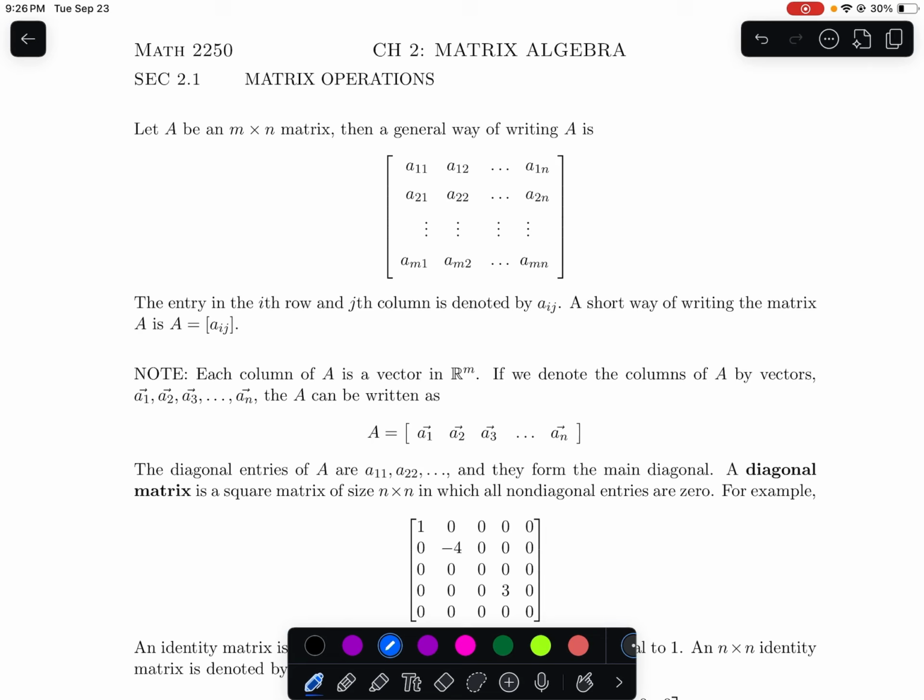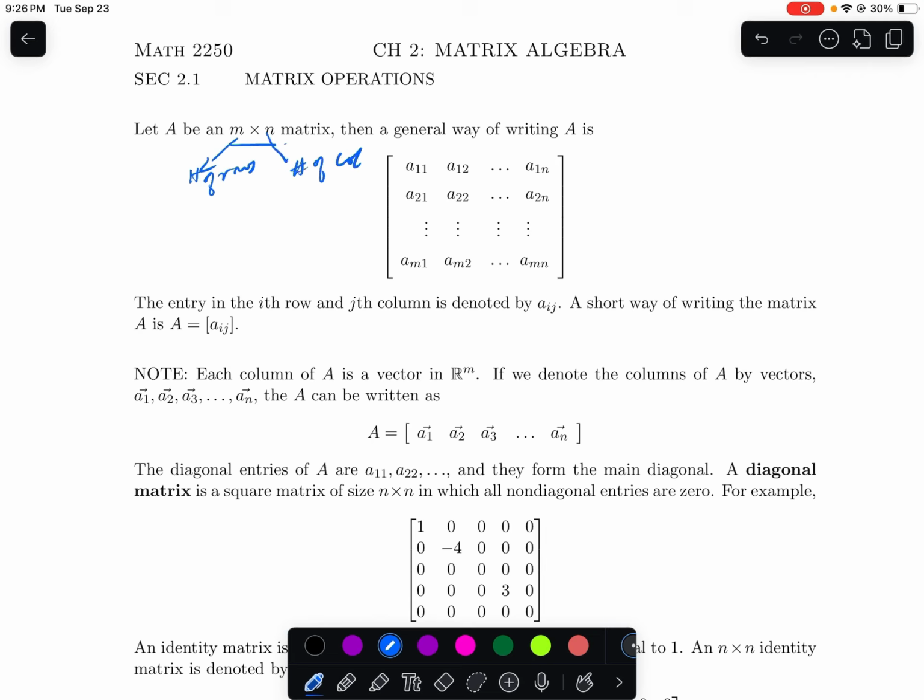Remember, we have seen what a matrix is. You have an idea. It's an arrangement of numbers basically, so an array of numbers, we say. Here are numbers arranged in order.